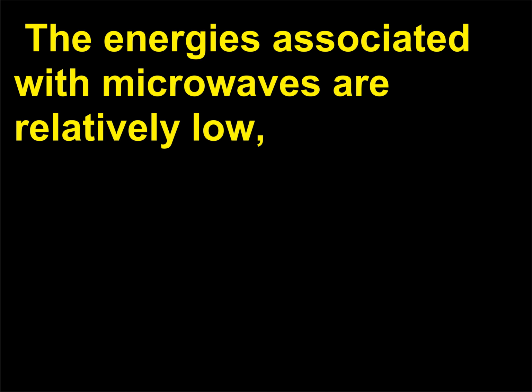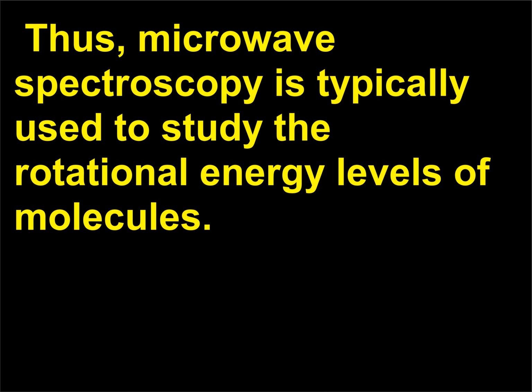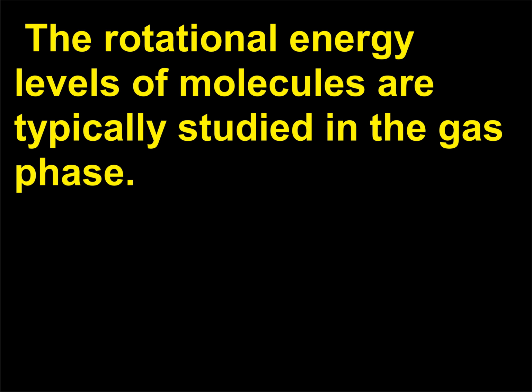The energies associated with microwaves are relatively low, and these energies are typically a good match for energy level spacing between the different rotational levels of molecules. Thus, microwave spectroscopy is typically used to study the rotational energy levels of molecules. The rotational energy levels of molecules are typically studied in the gas phase.